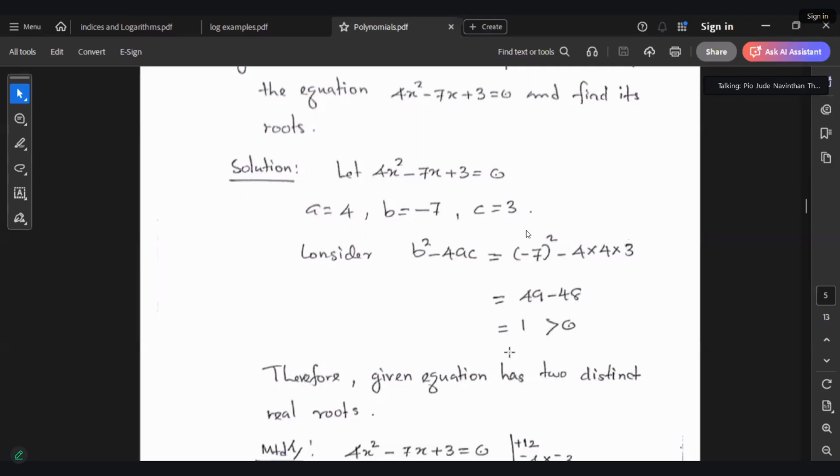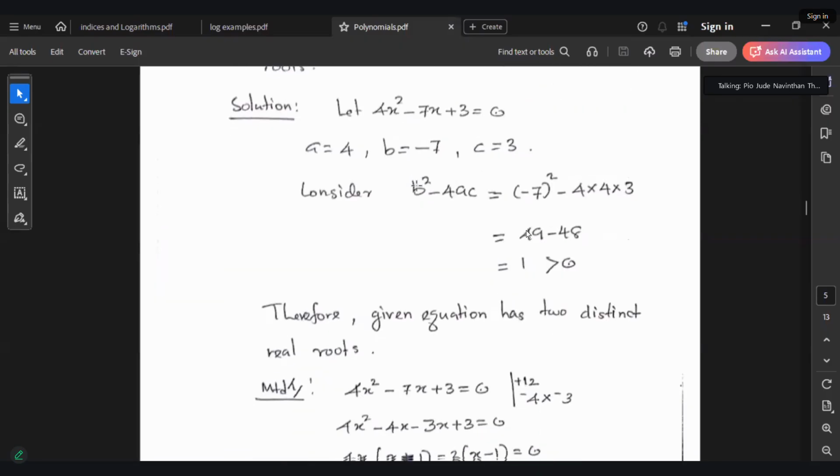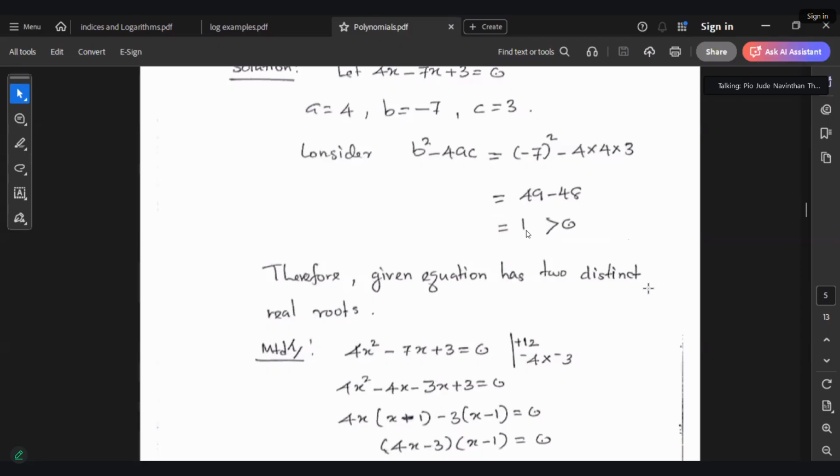At this point, we can say yes, this equation has two different solutions. Sometimes if you forget that word distinct, you can write, yes, this equation has two different solutions. So don't memorize all the steps, all the words, all the sentences in the notes.